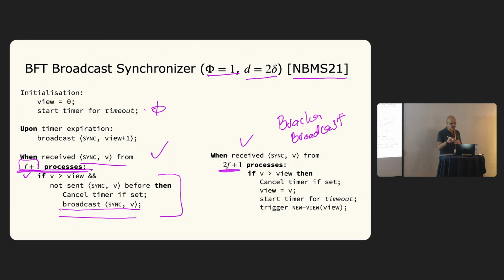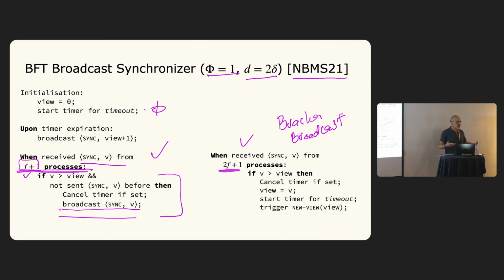So actually, I'm going to discuss this in the next slide, because this is one of the reasons why this algorithm is inefficient in terms of its space complexity. For every message I receive and for which I have less than f+1 copies, I need to remember that I received this message.